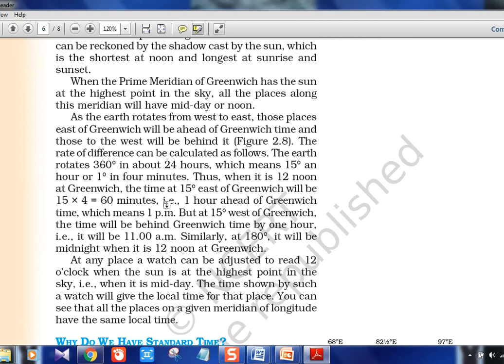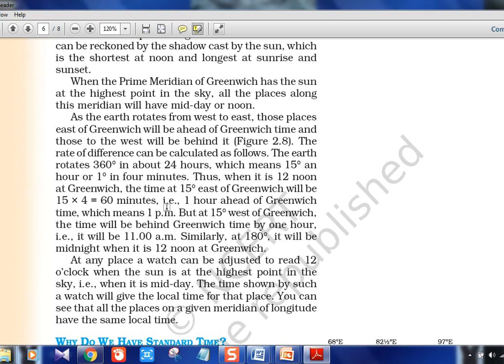That is why I told you, from Gujarat to Arunachal Pradesh there are nearly 30 degrees. When we learned the Indian latitude and longitude, the span from west to east is 30 degrees. So 15 degrees is 1 hour, and 2 hours difference is there between Gujarat and Arunachal Pradesh.